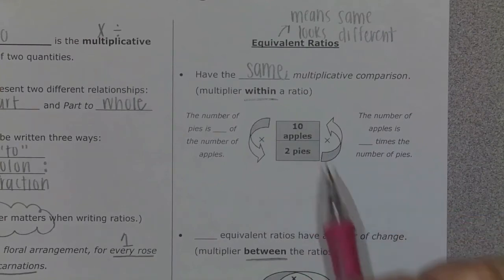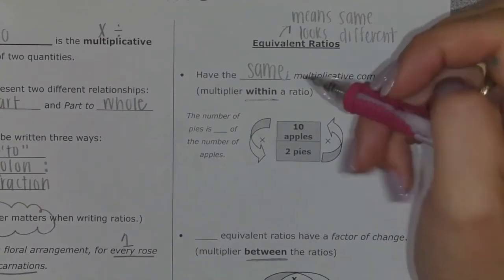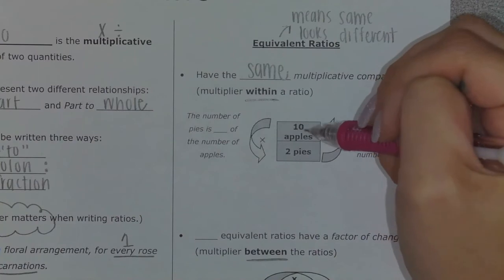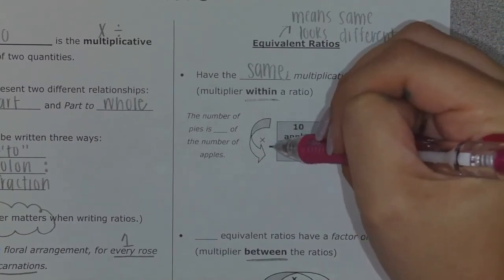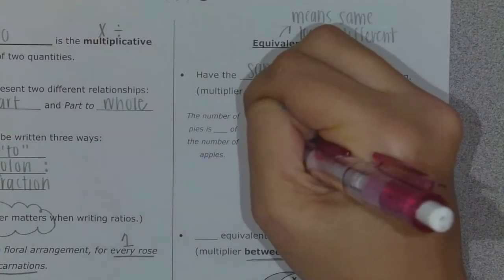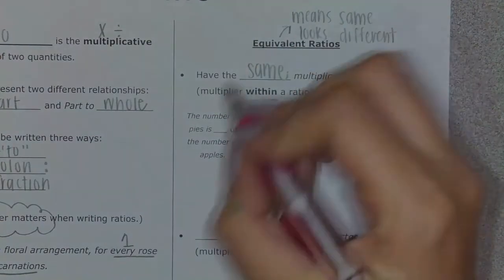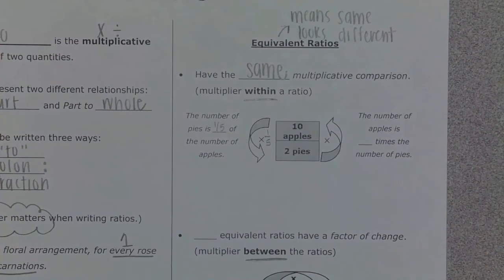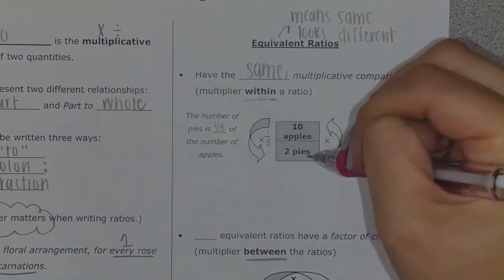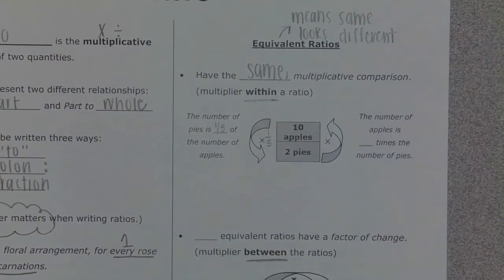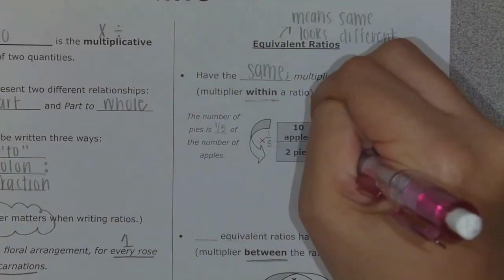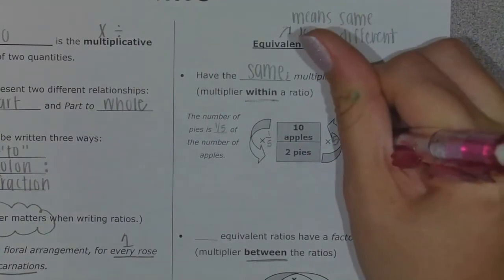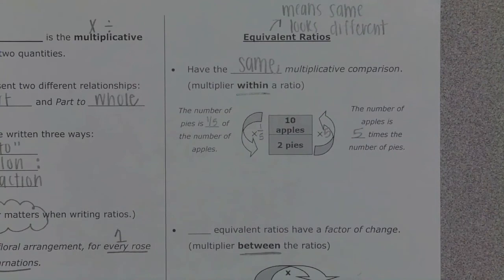So if I have 10 apples can make me 2 pies, my multiplier to go from 10 to 2 would be times 1/5. So the number of pies is 1/5 the number of apples. But if I wanted to go from pies to apples, my multiplier there would be times 5. The number of apples is 5 times the number of pies.